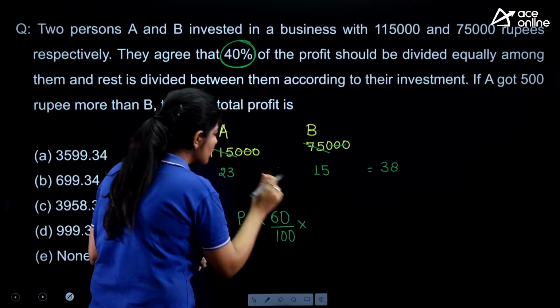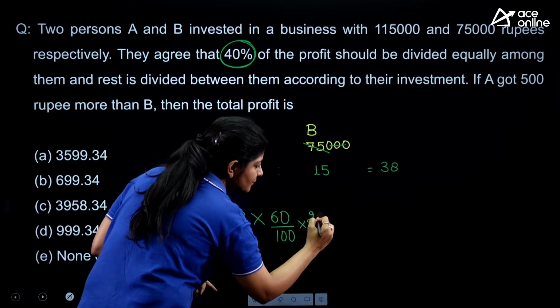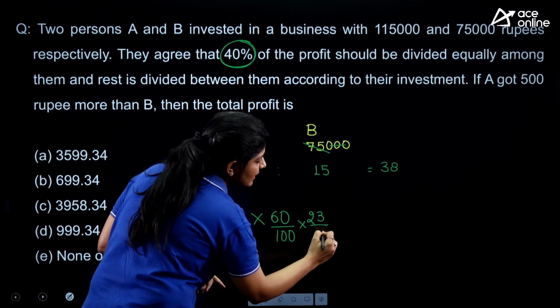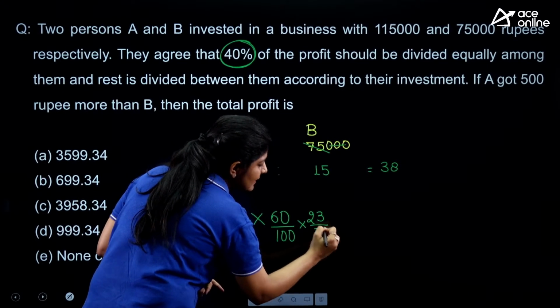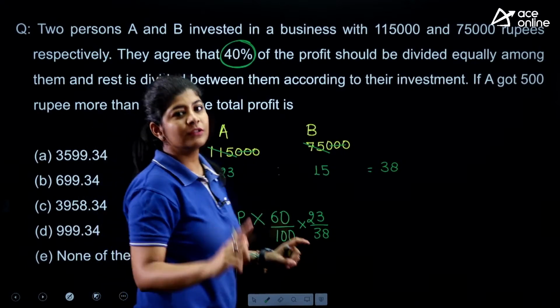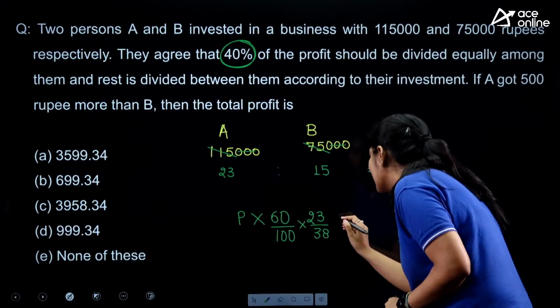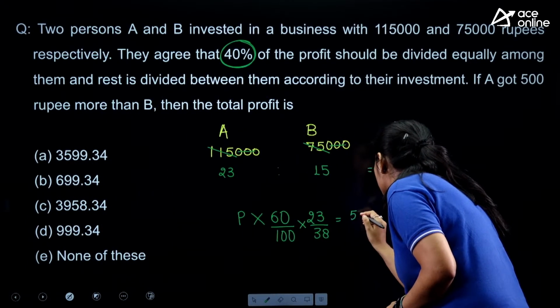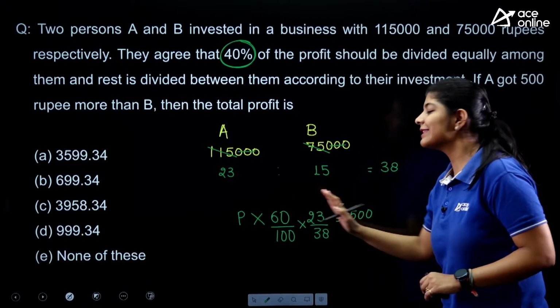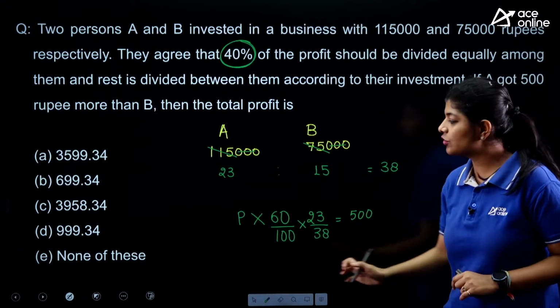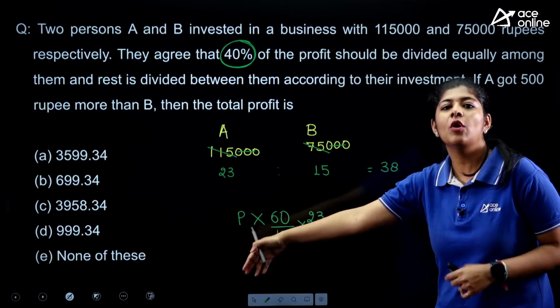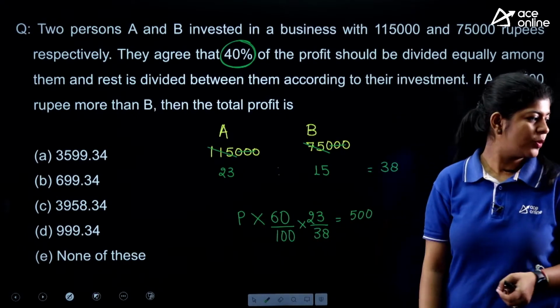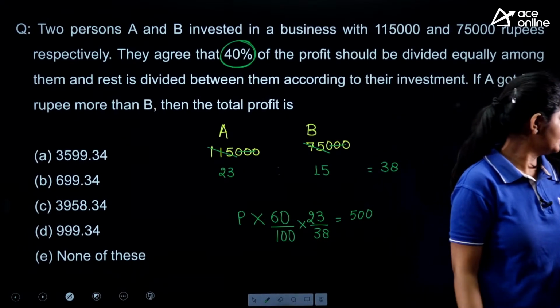And 23 parts out of 38 are given to A, and because of this A got 500 rupees extra. So this is the equation I need to follow to get the profit they earned. So what is the value we are getting over here?